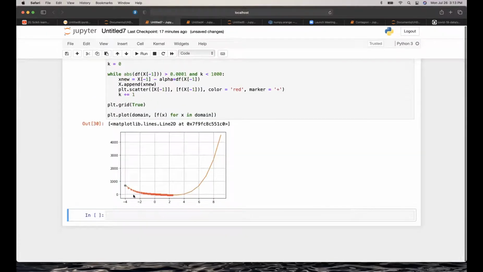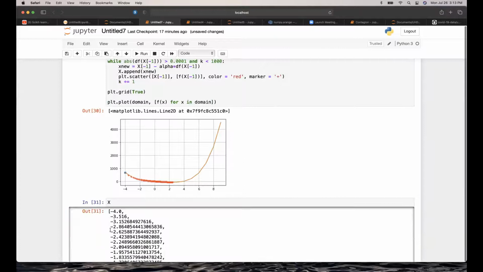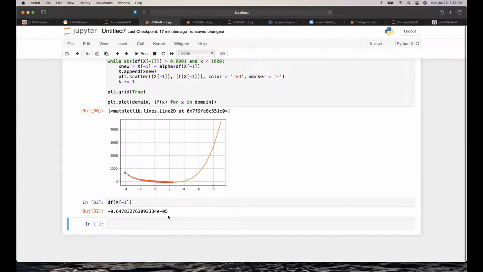Okay, so you can see we were going this way, right? So that's kind of neat, right? And I'm assuming that that's the minimizer right around there. I can check what is the derivative at our last entry. Yeah, it's tiny. That's got to be close to that critical value. Okay.